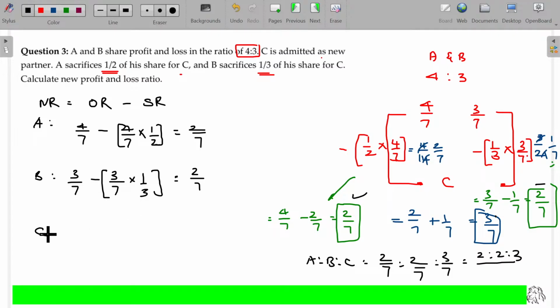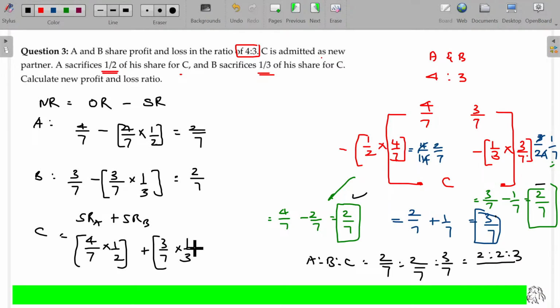And in case of C, what he gets, sacrificing ratio of A as well as sacrificing ratio of B. A also gives and B also gives. What A gives, 4/7, out of that 1/2 is given. And in case of B, 3/7 his share, in that 1/3 is given. So the final value being 3/7.